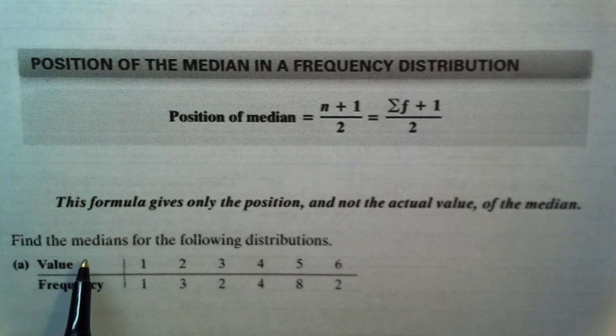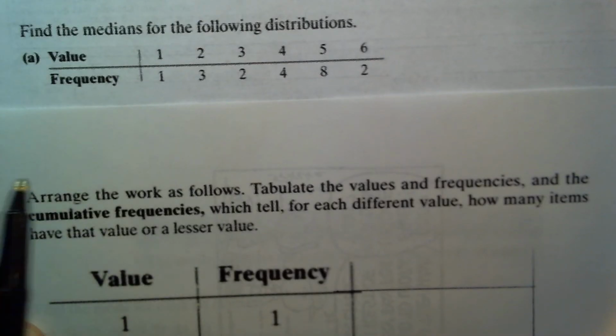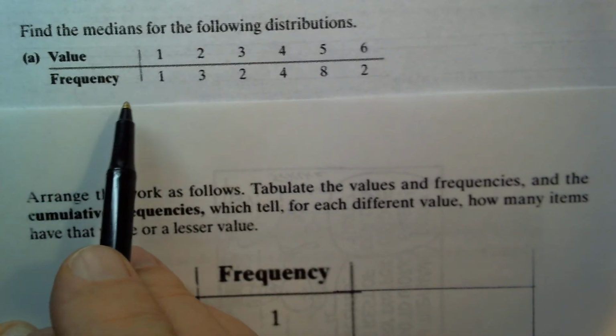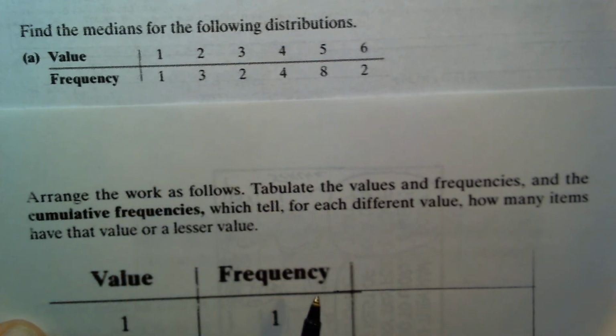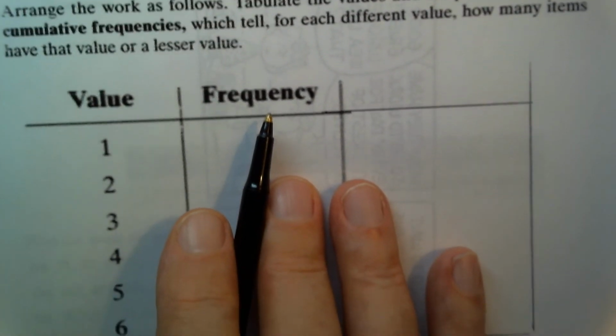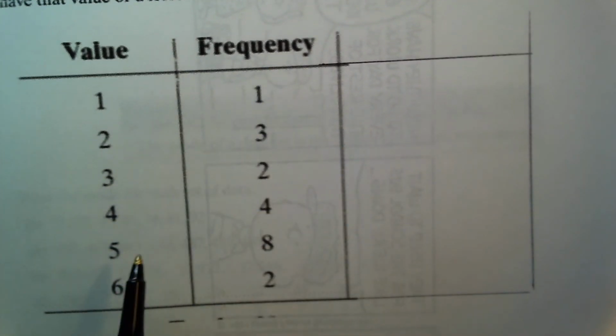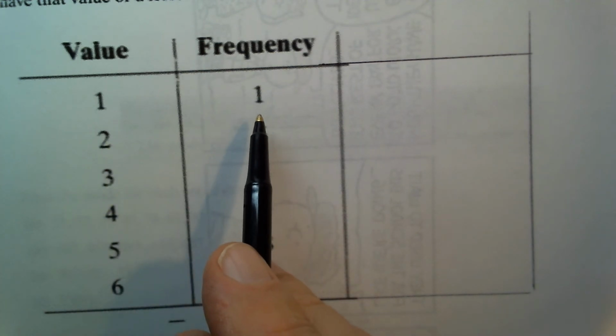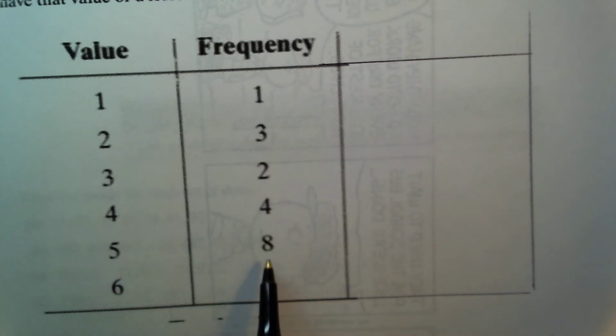To find the median for the following distribution, here are the values for x, and here are the corresponding frequencies. What we're going to do is arrange the work in vertical columns. The values are listed here, 1, 2, 3, 4, 5, 6, and the corresponding frequency is arranged this way.